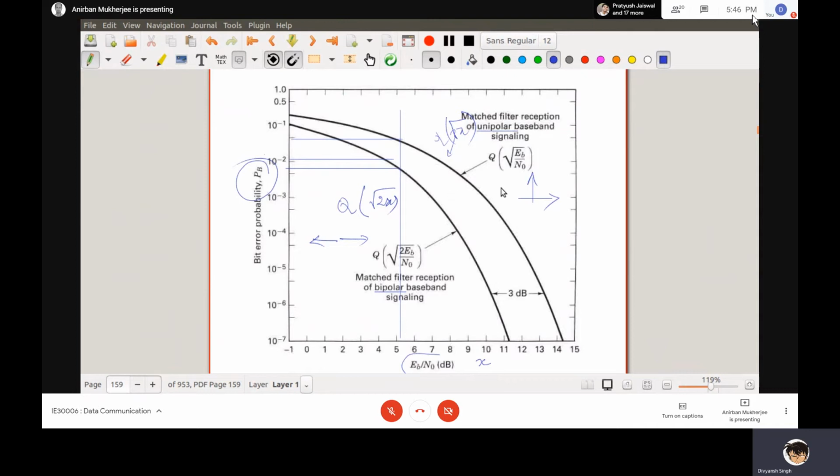That's very simple. Say in this case what I am doing is A and 0. This is my A and this is S2(t). This is S1(t).